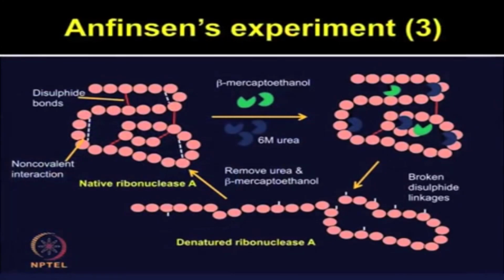Now, if you mathematically calculate, due to the presence of 4 disulfide bonds and 8 cysteine residues, it can actually give rise to 105 different forms in which these 4 disulfide bonds can be formed.